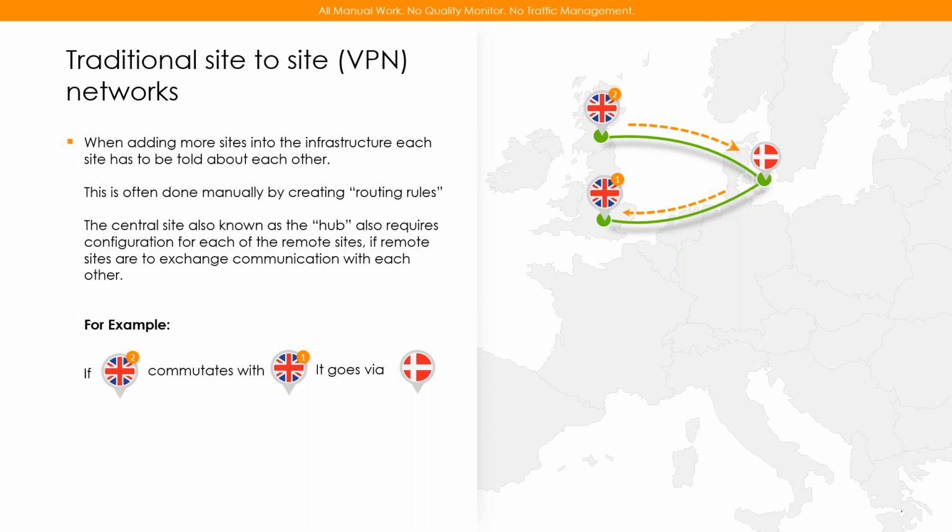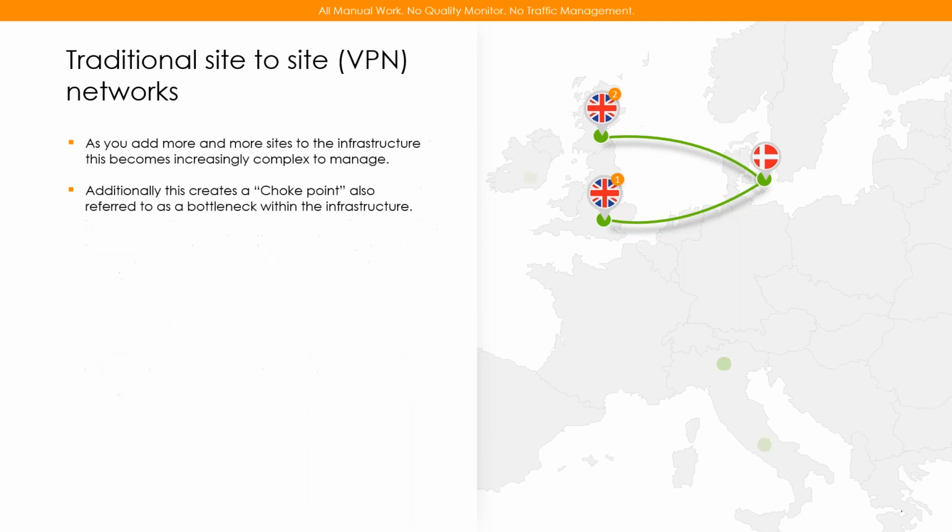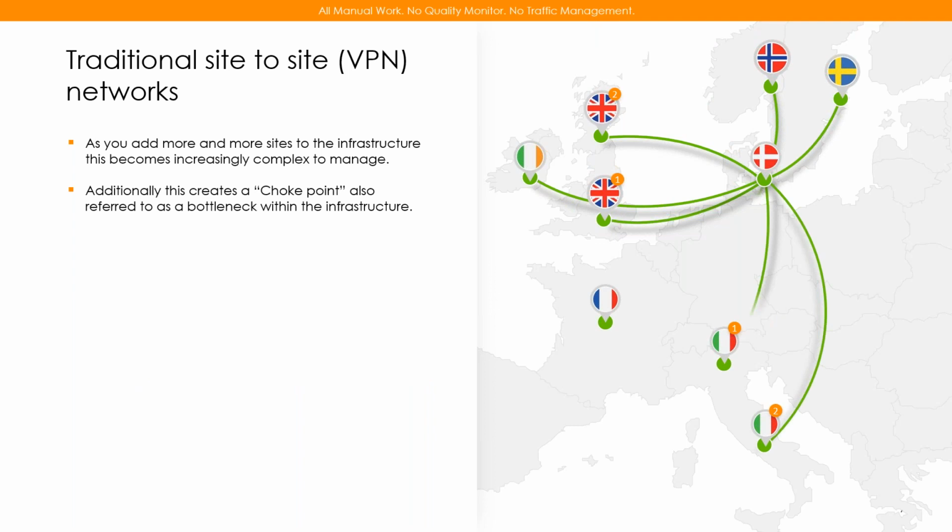If you want to have traffic from the office in the north of the UK to the south, then you have to create routing rules on the hub to make sure that this communication goes through to the headquarter. And the more clients or the more offices we put in, then you might end up with a big choke point in the middle, because all the traffic from all the branch offices needs to move through the choke point, through the bottleneck. And that's something we might want to resolve.